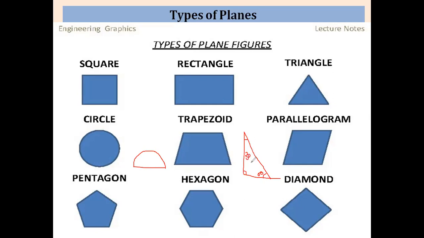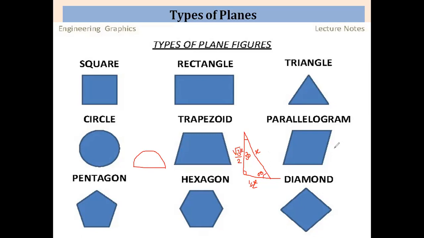The side in front of 30 degrees, how much is it of the diagonal? If diagonal length is x, it will be 1 by 2 of x, half of the diagonal. And here it is root 3 by 2 of the diagonal.